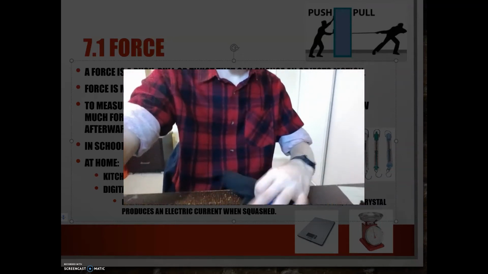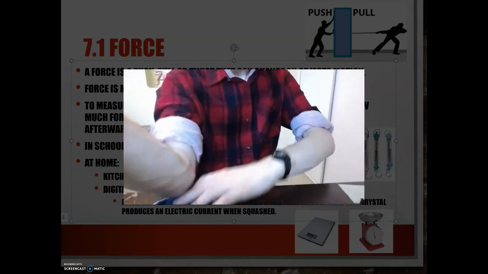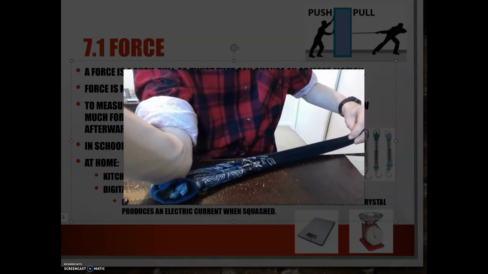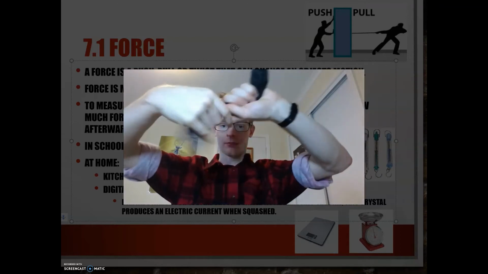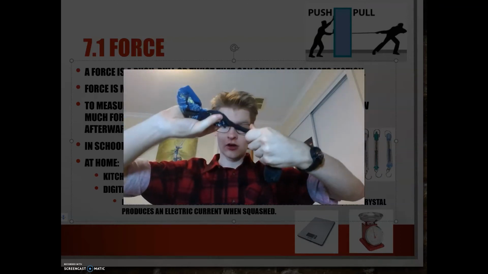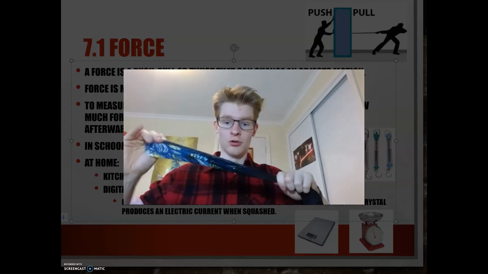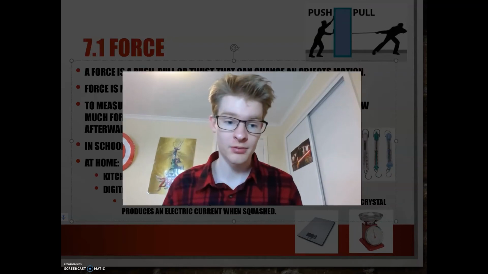The next way is if I pull something. And the third way is if I twist something. So you push, pull, or twist. Those are the three different ways forces can be applied.